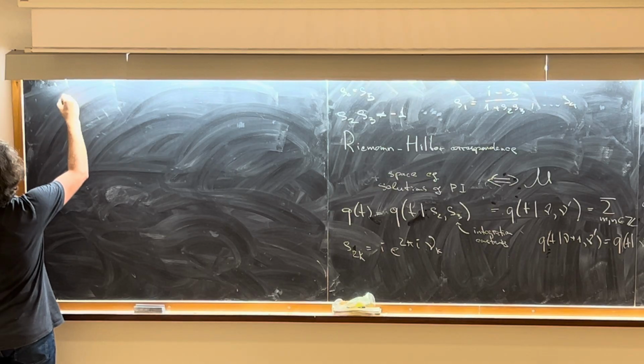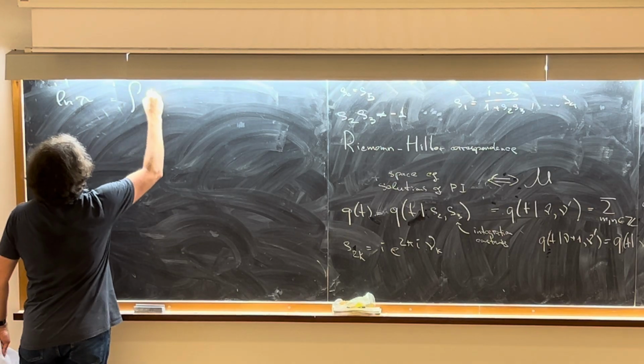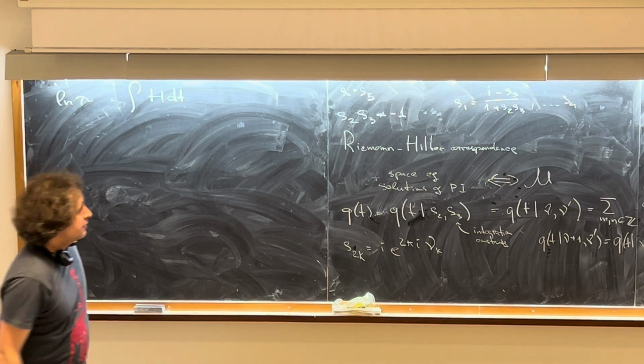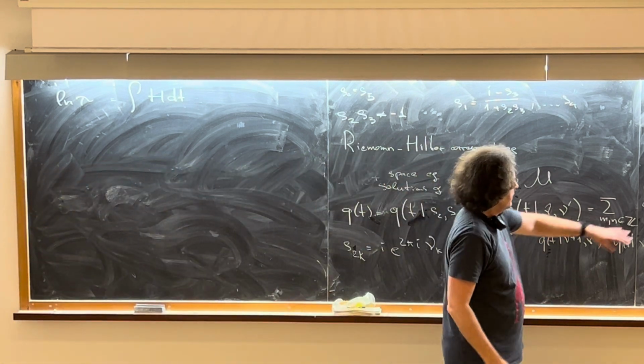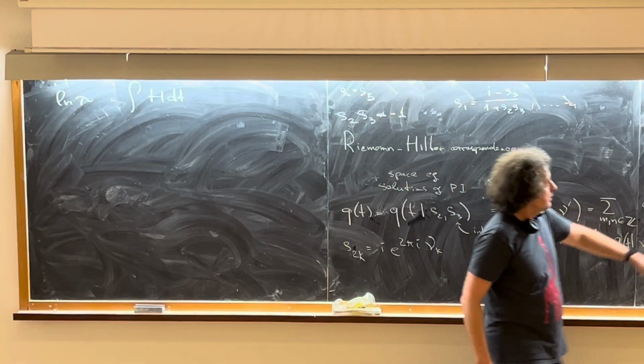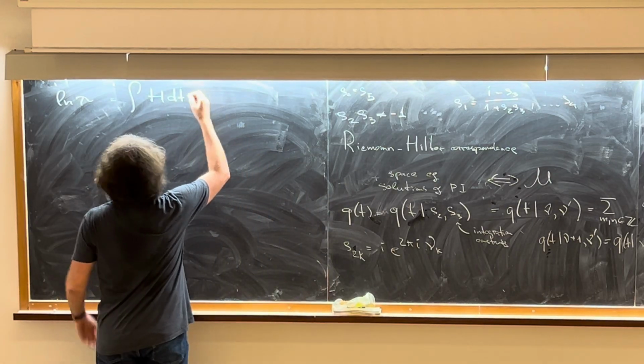And next, you want to integrate the Hamiltonian. And so, being very optimistic and looking at this formula, you could expect not something like this, but rather something of the form.